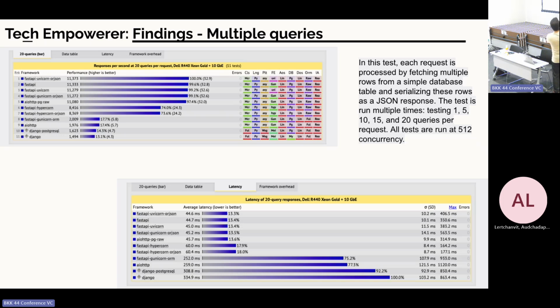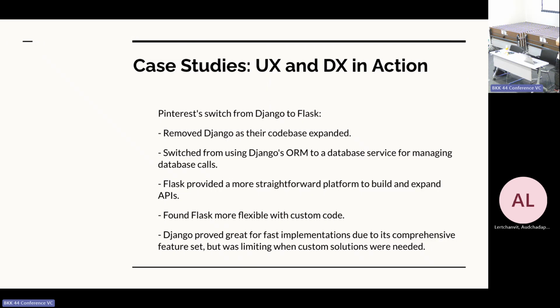In a different graph, this one we're just parsing JSON, fetching multiple rows from a simple database, and then we get a JSON response. We run it on many, many queries. Same thing: Fast API with Uvicorn, fastest; Django, slowest. Latency: Fast API, best; Django, worst. So Fast API is actually pretty fast, faster than Sanic now.